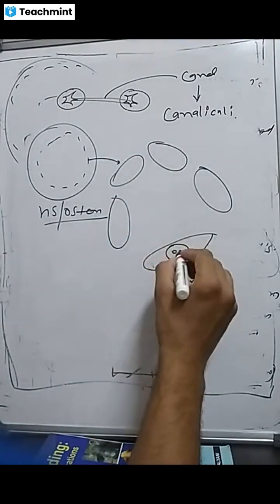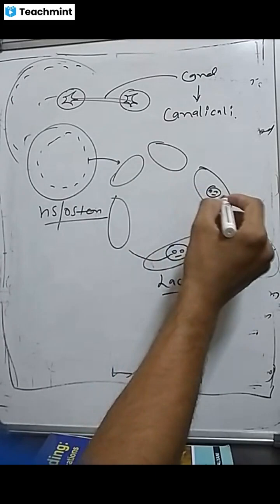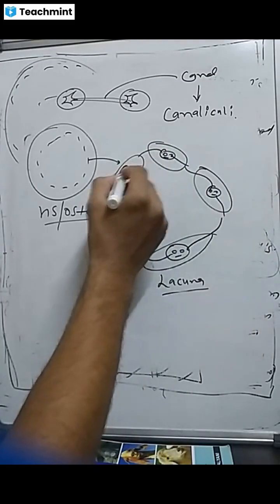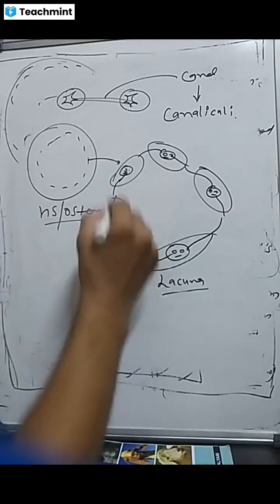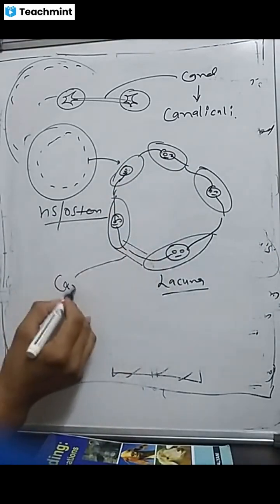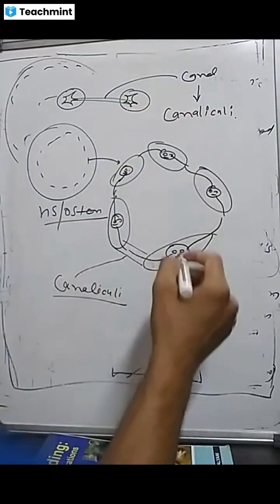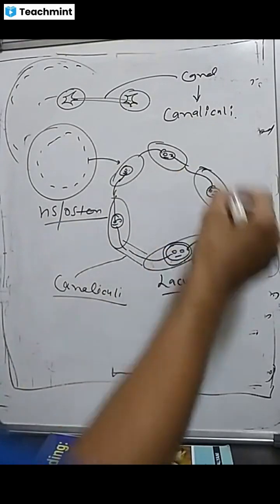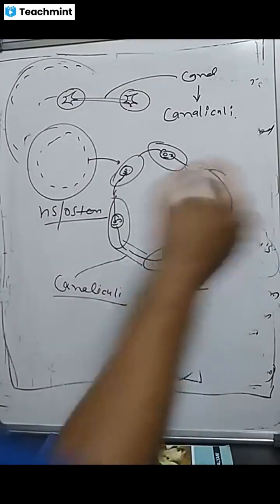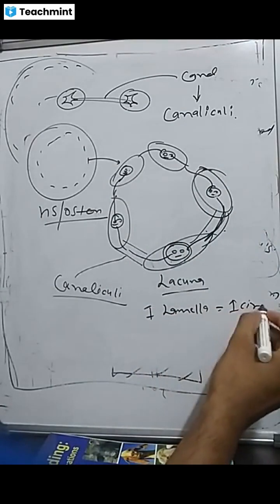Inside these lacunae are osteocytes with processes coming out, communicating with each other through structures called canaliculi. So a lacuna with one osteocyte communicates through the canal, and together they form one lamella, one concentric circle.